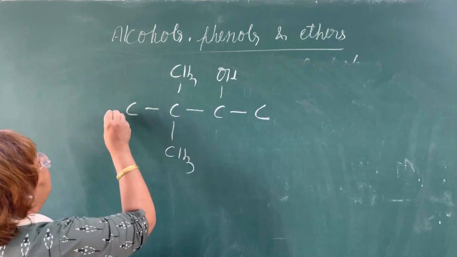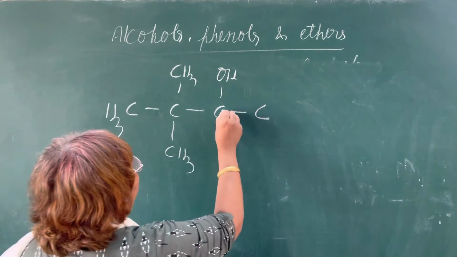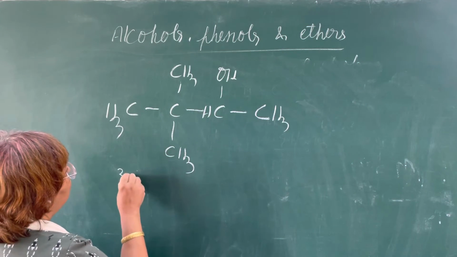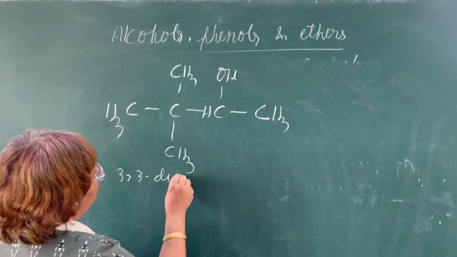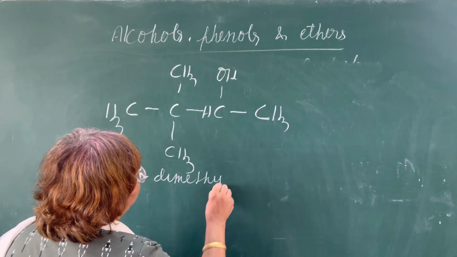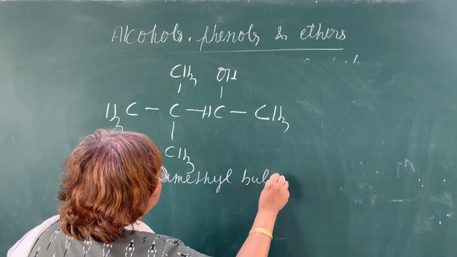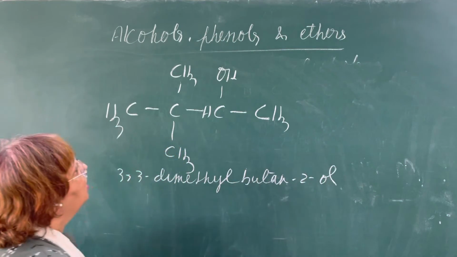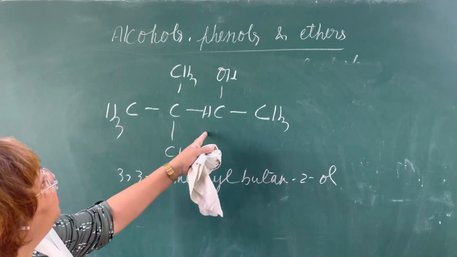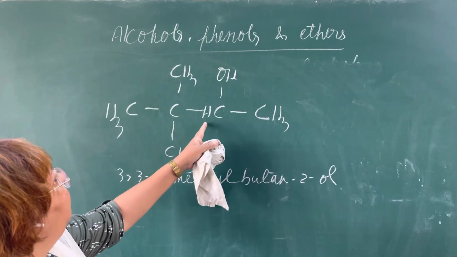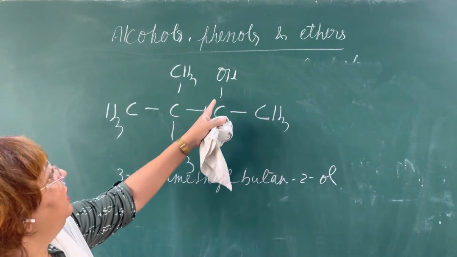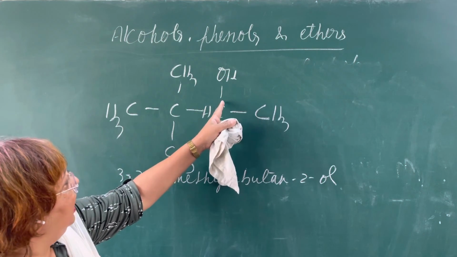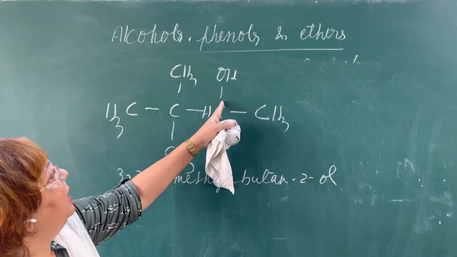3,3-dimethyl butane 2-ol. It is supposed to give one kind of alkene if dehydration takes place and a carbocation is formed, a positive charge is developed on this carbon atom.